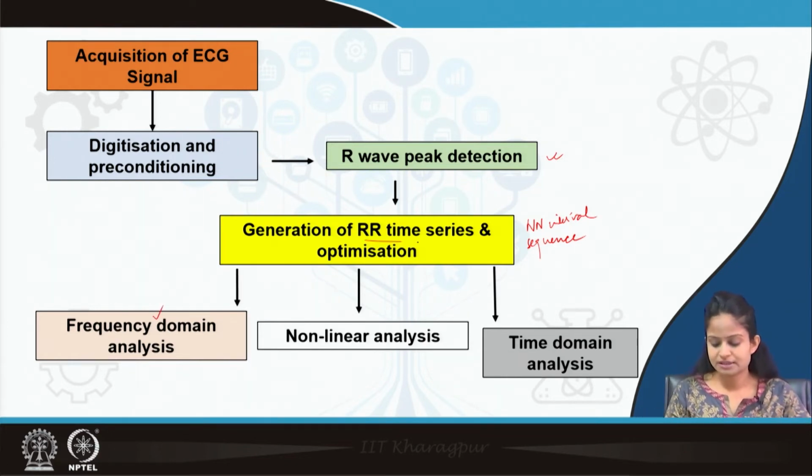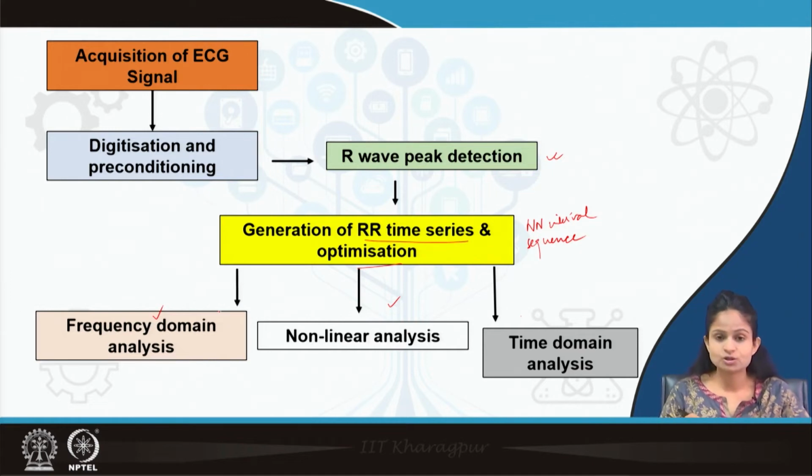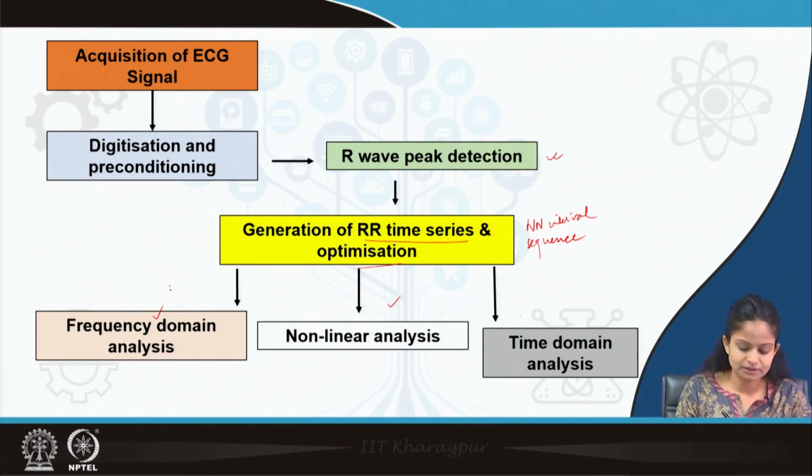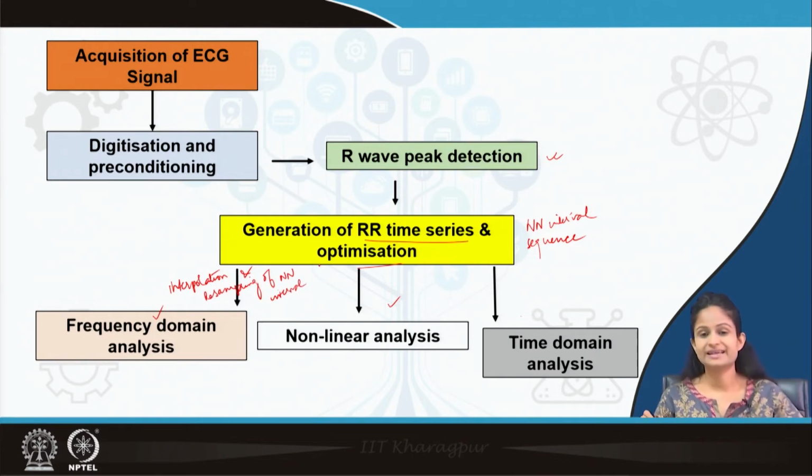So, the RR time series and optimization is obtained from the R wave peak detection, and we get nonlinear analysis and time domain analysis, and frequency domain analysis is obtained from the interpolation and resampling of the NN interval sequence. So, from that we get frequency domain analysis.